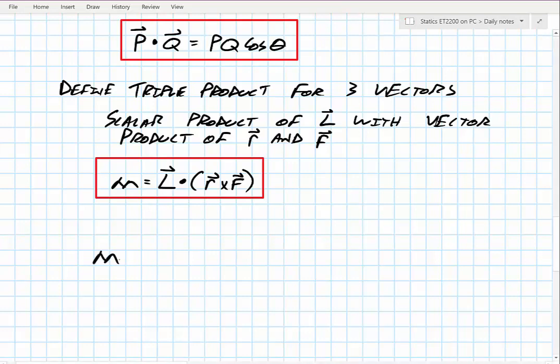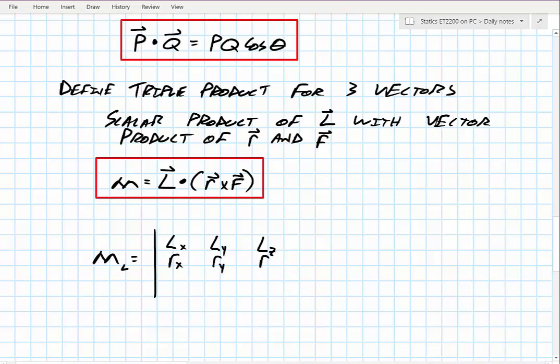And what this would actually look like is the moment about this line is equal to, and we're going to have our little matrix. Now instead of our i, j, and k hats up top, what I have is Lx, Ly, and Lz, or basically the line's magnitude in the x, y, and z direction.